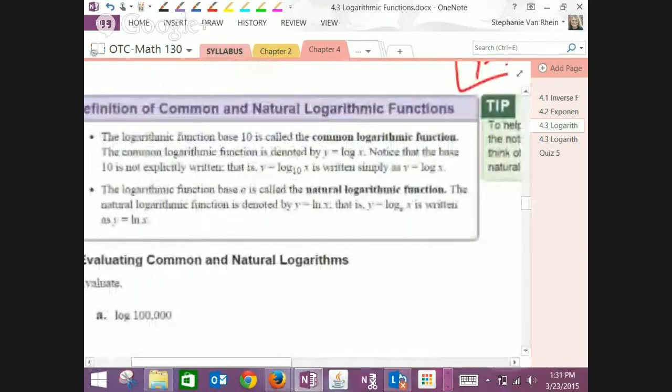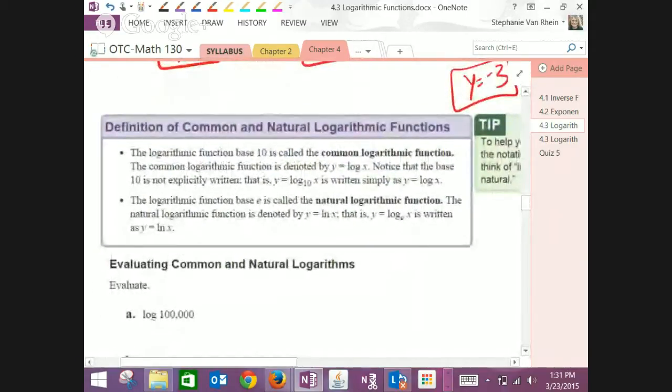So the common definition of logarithmic functions in your calculator is base 10. If you have a calculator that only has base 10, you have to use the change of base formula, and we're going to get to that later on in chapter 4.4. So when we actually solve for that x, we can plug in log base 3 of a number.